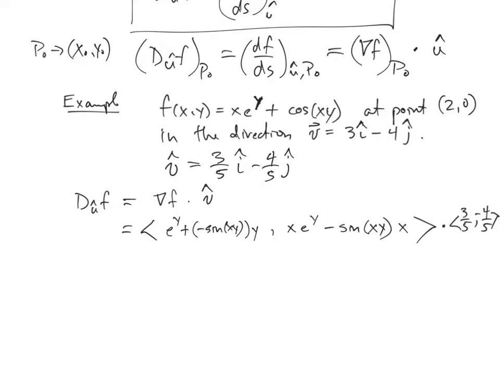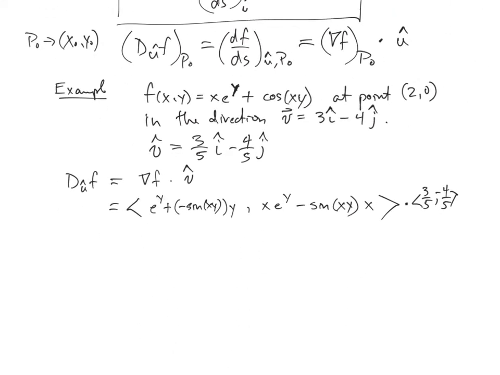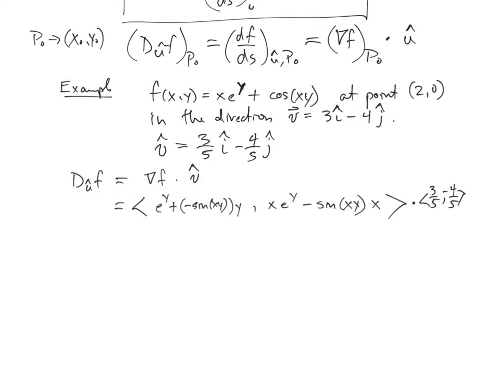So when we do that, that's a dot product, so we're going to end up with a scalar, right? This first term times this term plus this second term times that second term.